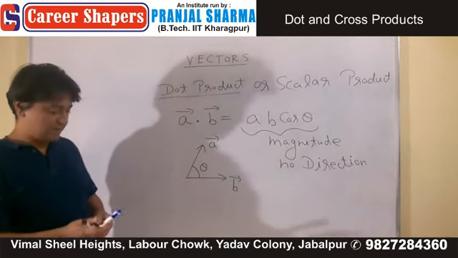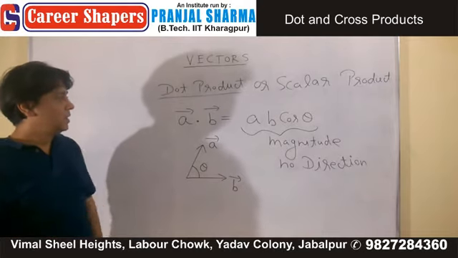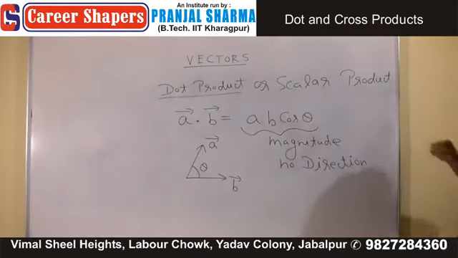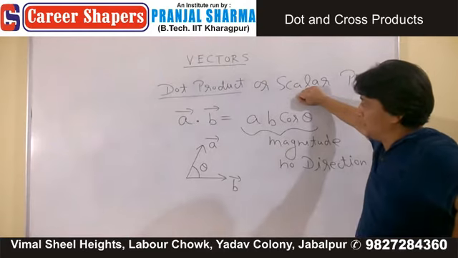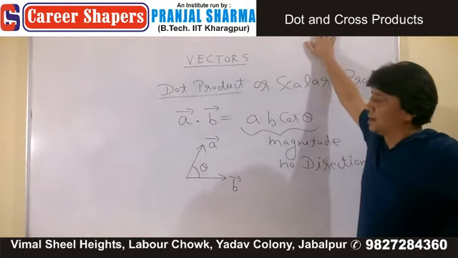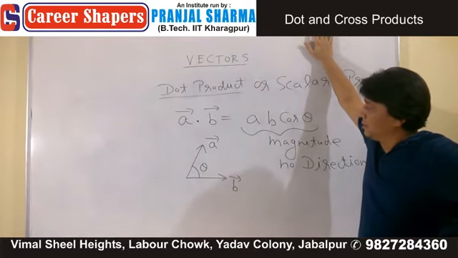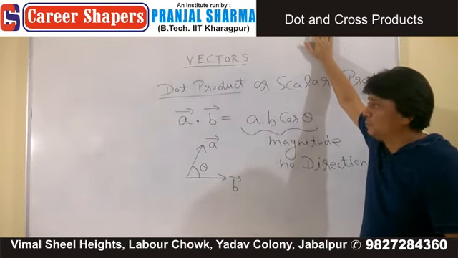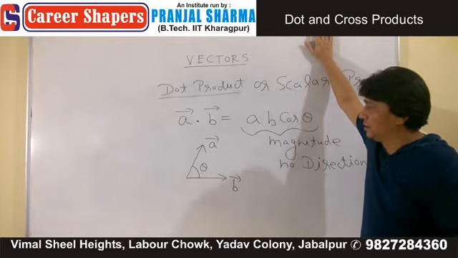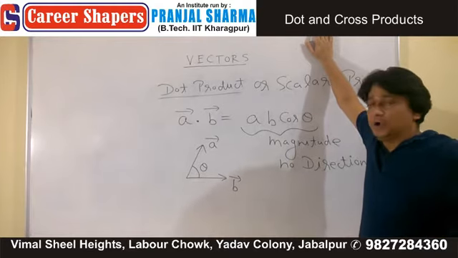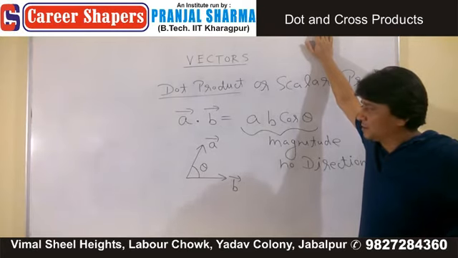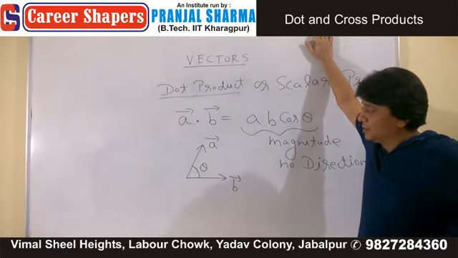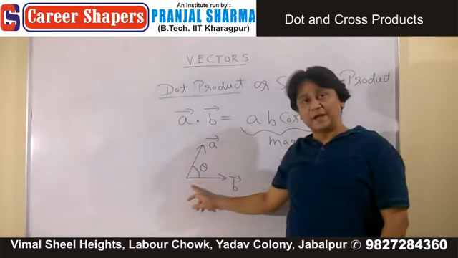In fact, write down this as a statement: theta is the angle between vector A and vector B, and for theta both vectors should be joined with their tails together.